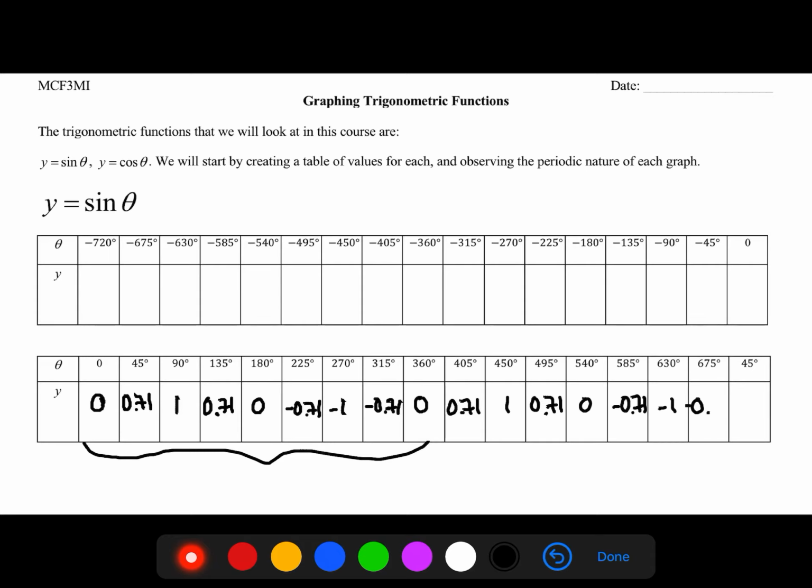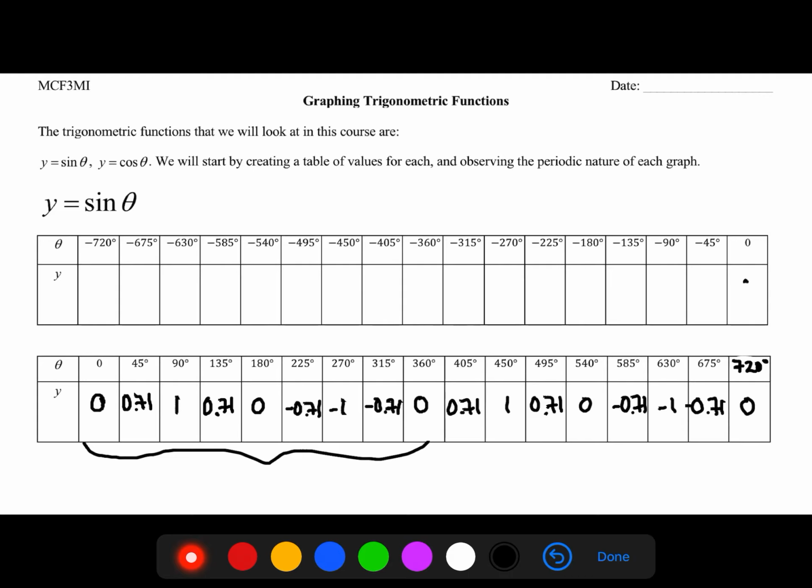So we can still punch all of these into our calculators, and sorry, this should be sine of 720. And we can also do that if we look at our negative values. So sort of moving backwards into the negative angles, we find the same pattern.